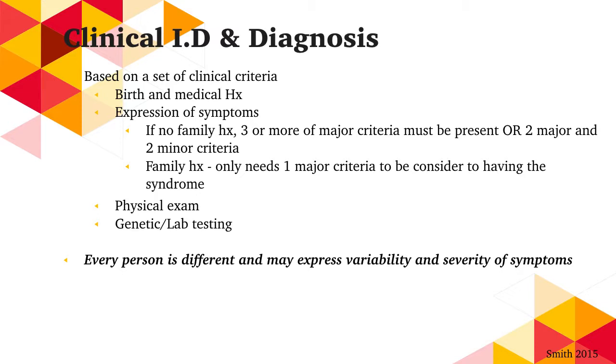So aside from the expression of symptoms, birth, and medical history, you also have a physical exam, so physically examining the patient, specifically in the head and neck region. And then you have genetic and lab testing to determine what gene has been mutated. Like every syndrome, it's important to note that every person is different and may express their symptoms in a variety of ways, and the severity of symptoms is going to differ between people.